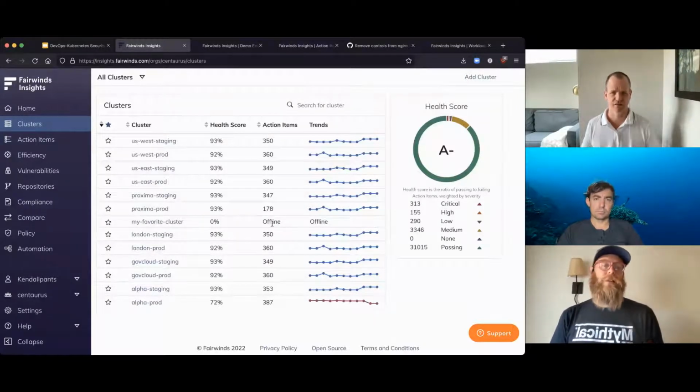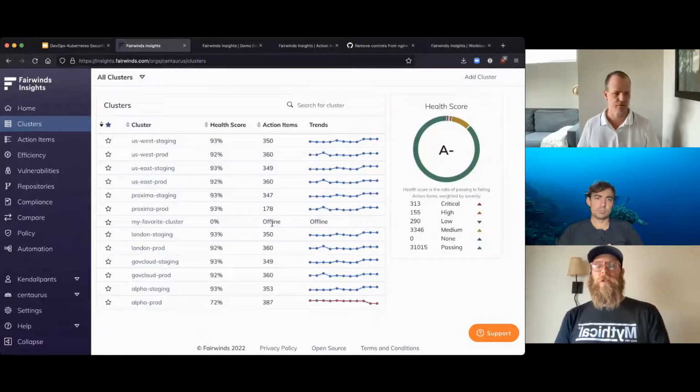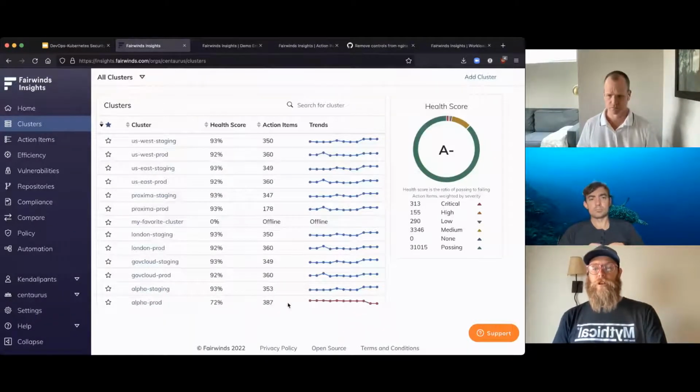So when you log into Insights, what you're going to see is an overview of the organization, all of the clusters in your organization. You can sort them by health score or the number of action items, and you can track trends over time. You can see down here we have a production environment that's doing a lot worse than a lot of the other ones.